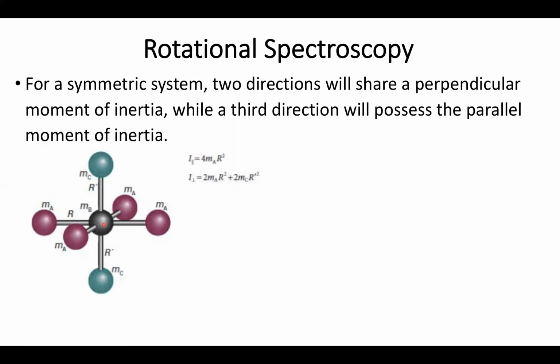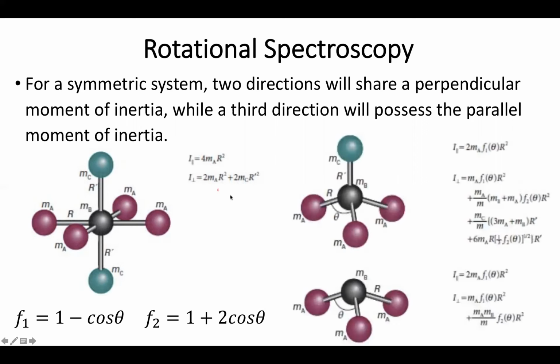But it turns out that symmetric complexes also include systems that don't have quite so nice of a set of moments of inertia, but we can still divide them into perpendicular and parallel categories. One example is a tetrahedral complex where we've replaced one atom as being unique. Classic examples of this would be things like chloroform, where I have 3 chlorines and 1 hydrogen.